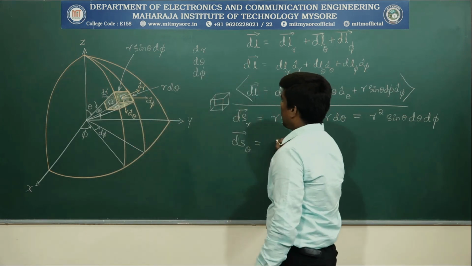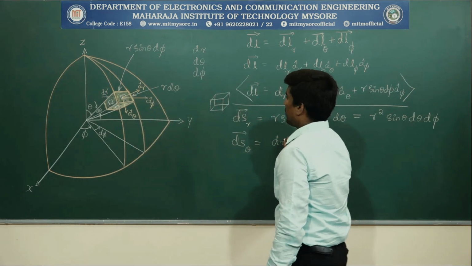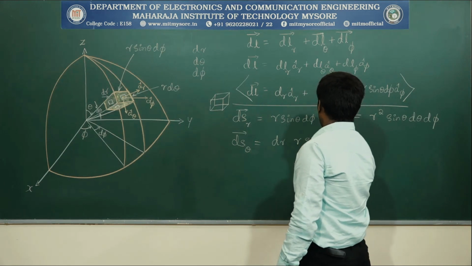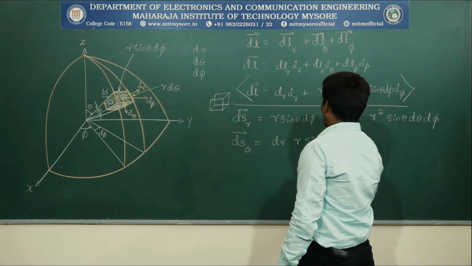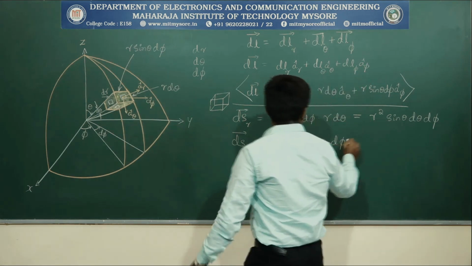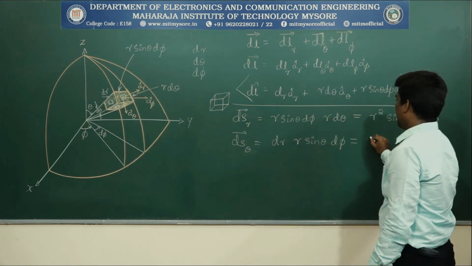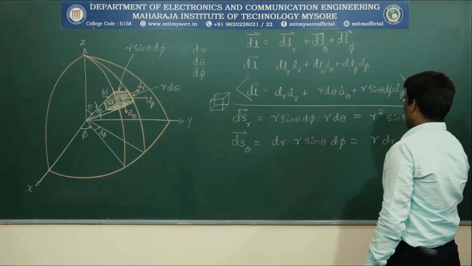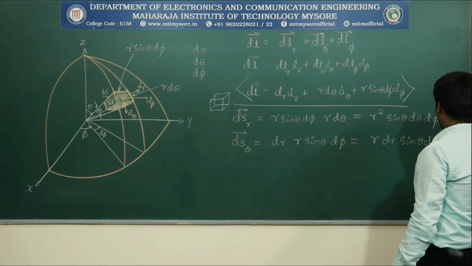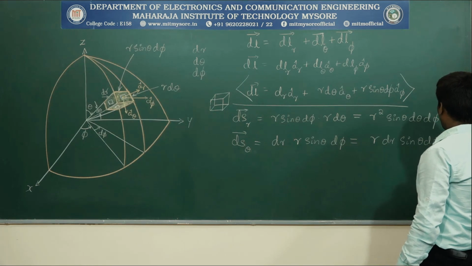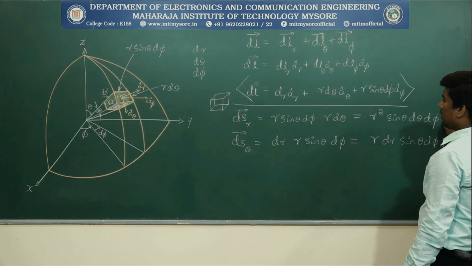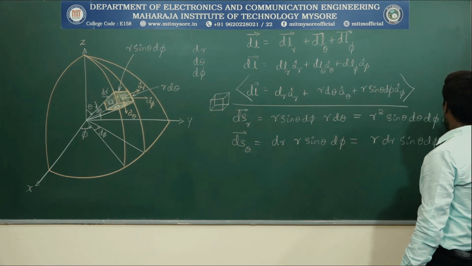This is dr into r sine theta into d phi. Therefore this can be represented as r into dr into sine theta into d phi into a cap theta. This can be represented as a cap r.